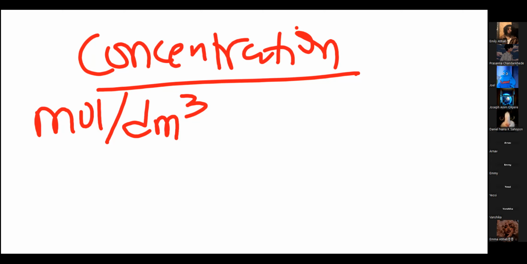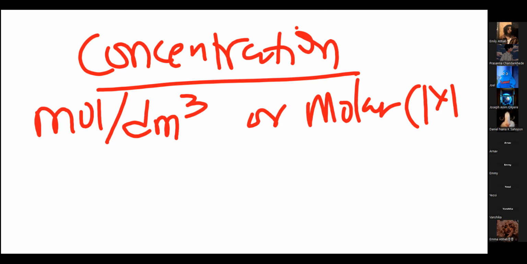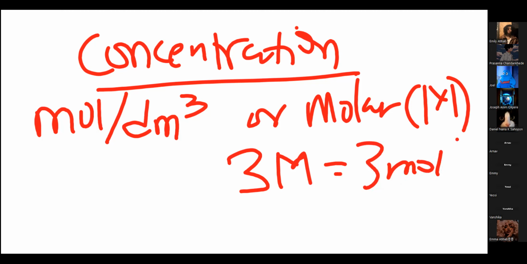Either mole per dm cube or molar. Molarity. So the unit is molar. I mean, when you are saying molarity, the unit is molar. So let's say 3 molar, 3 big M. This is the same as 3 mole per dm cube.